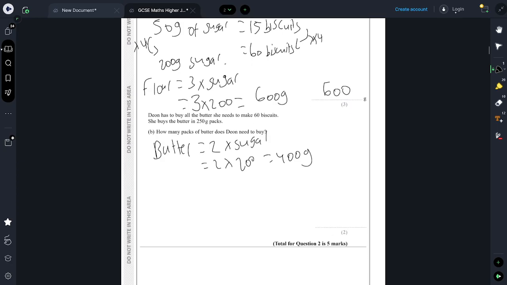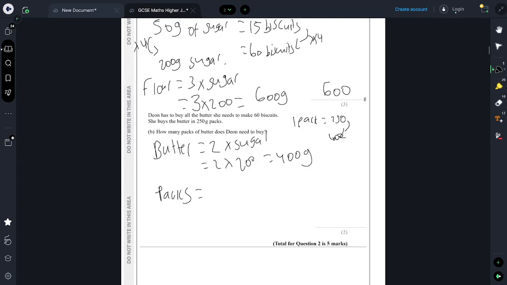So this is a bit weird, because this is not a hard one to calculate. So then, how many packs? Well, 250 is 1 pack. So to get to 400, you're going to need to get to 400.